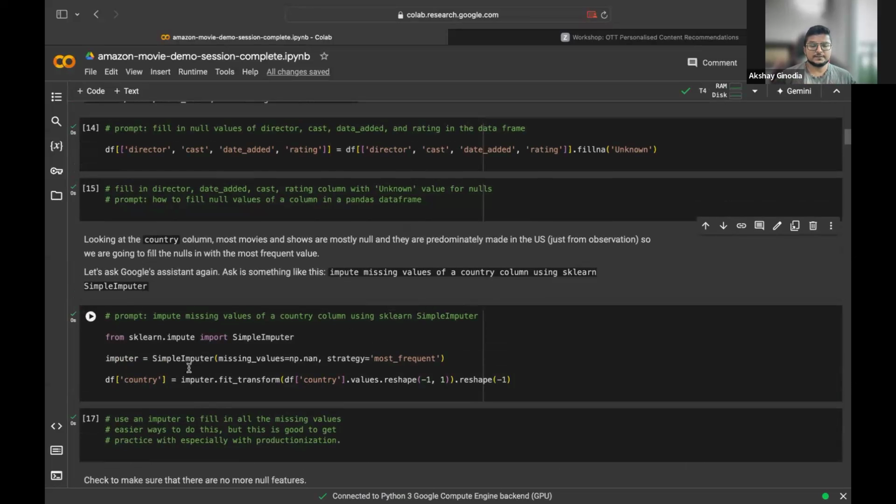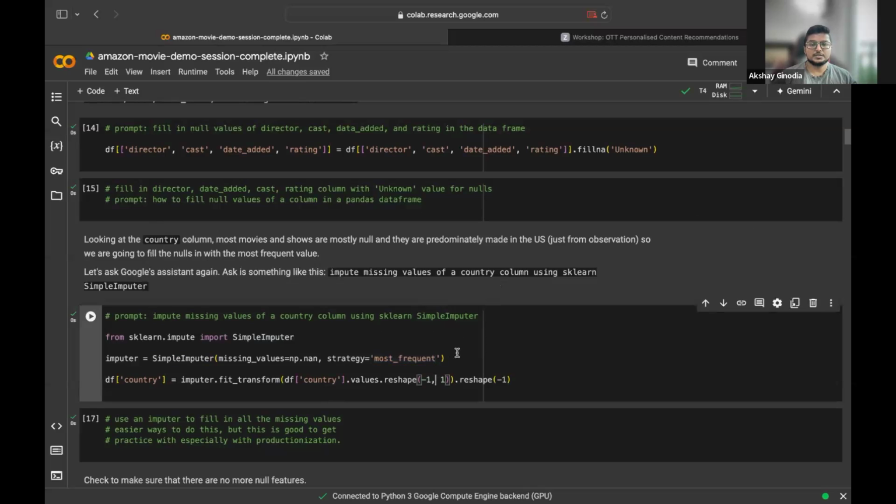There is a class that we're going to use, which is called SimpleImputer. Through it, you can replace a null value of a column with the most frequent class. For the country, in this data set, it's US, for some other data set it would be something else. Why do we do this for the country?